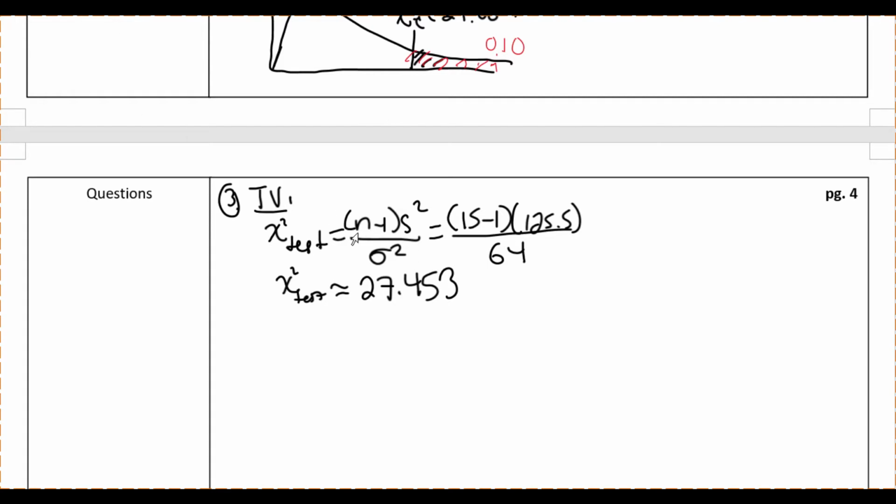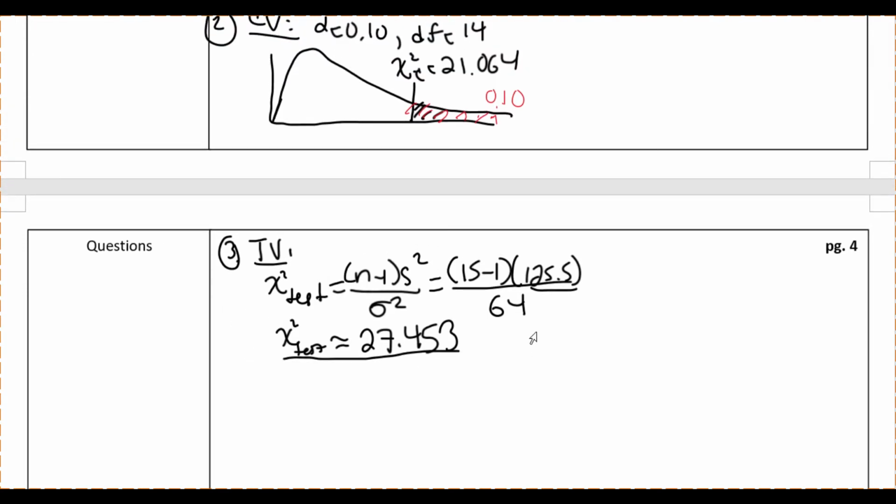We had 15 numbers, take away 1, times the 125.5, which is the variance that I calculated earlier using the online calculator. And then the sigma squared, remember that the standard deviation was 8, so 8 squared gave us 64. So then plugging in those numbers, I got a chi-squared test of 27.453.